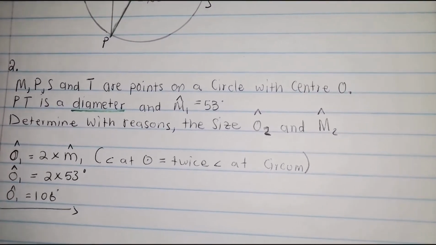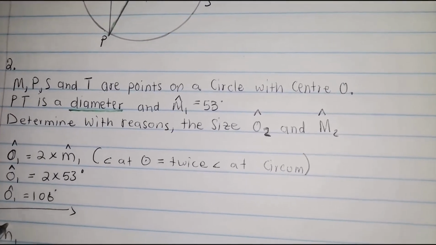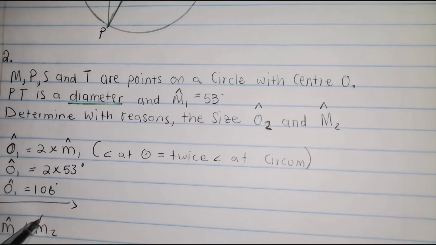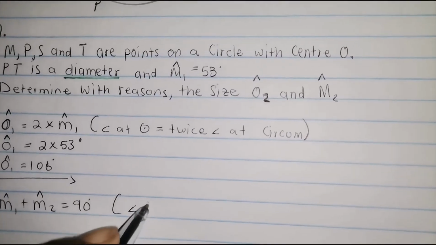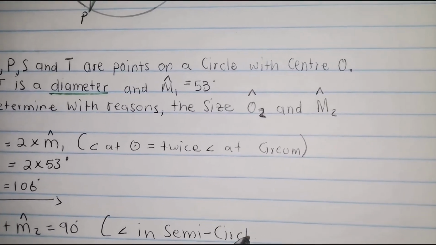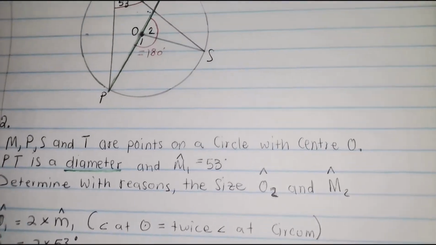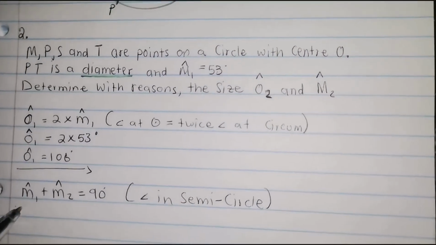How will you find M2? Remember, angle M1 plus M2 is equal to 90 degrees. Reason: angle in semicircle. Then what is the value of M1? 53. Then how will you find M2?